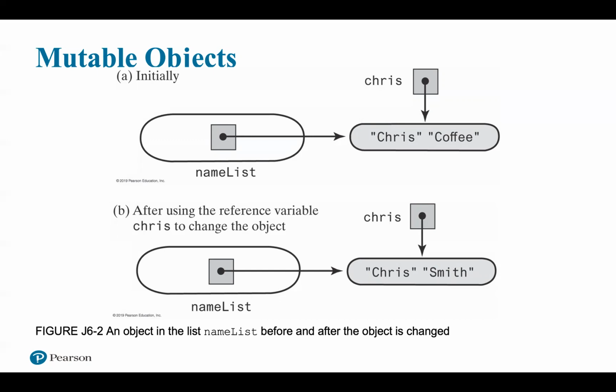Remember that in Java, the list contains references to the actual objects that the client places in it. So the list has a reference to its first item, but so does the client, which has the variable chris, as Figure J6.2A shows.